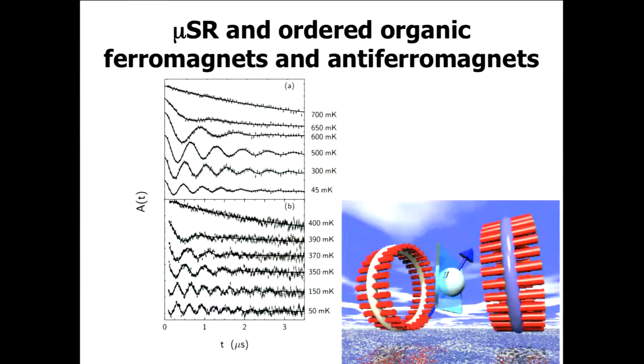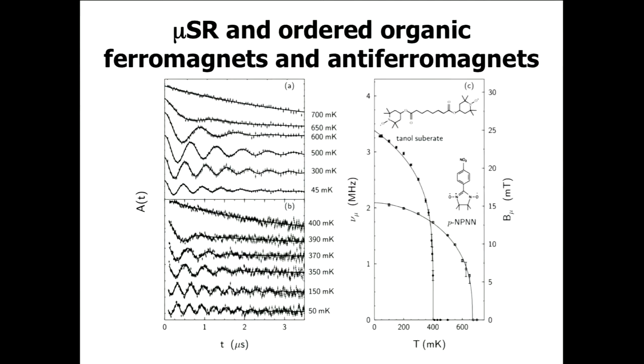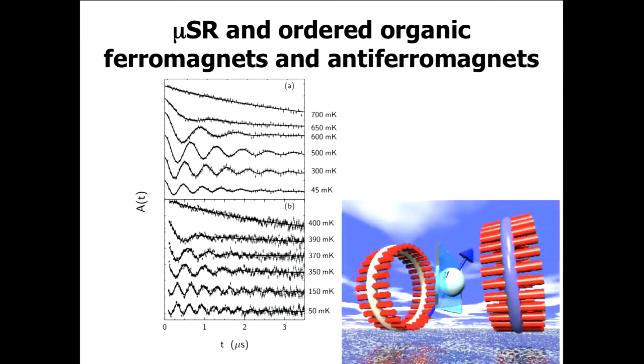I think time is moving on a little bit, so I think I will do these very quickly. So you'll hear a little bit more from Tom Lancaster tomorrow about muons in magnetic materials, but this is just an example that some of us, I see Francis at the back, studied back in the 90s. These are organic materials that show magnetism.